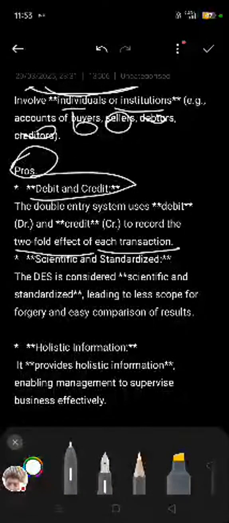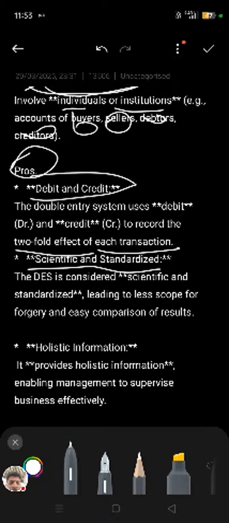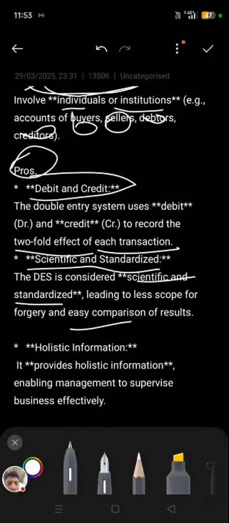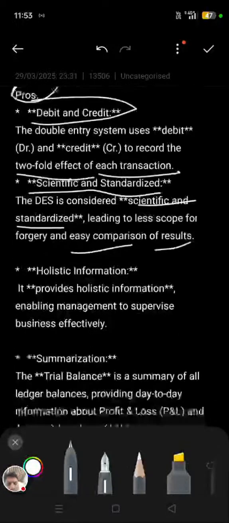Debit and credit. The double entry system uses debit and credit to record the twofold effect of each transaction, so it can be cross verified. Second, it is scientific and standardized, leading to less scope for forgery and easy comparison of results.